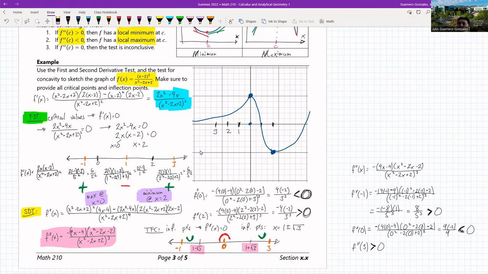Okay. So now the next thing we have to do is just double check the, and look at me go. I didn't highlight the, okay. We have to make sure that the test for concavity matches up. Okay. So notice that what we have here is legit, right? It satisfies everything that we need already.